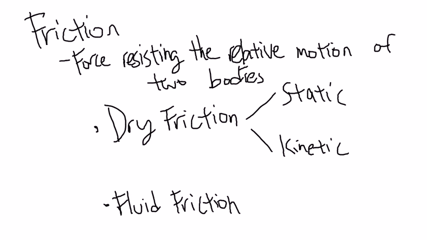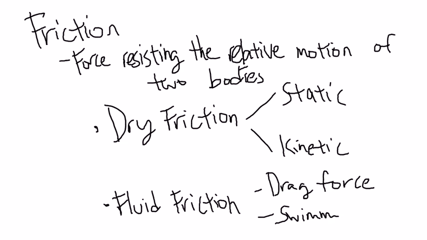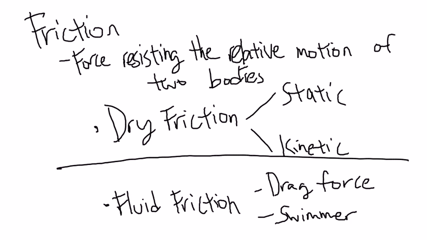An example of this could be the drag force that an airplane encounters, or the water friction on the swimmer. In this video, we will be focusing on the static and the kinetic.